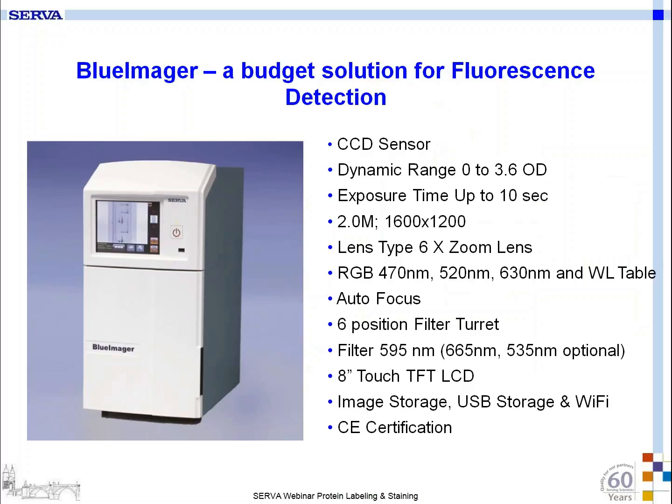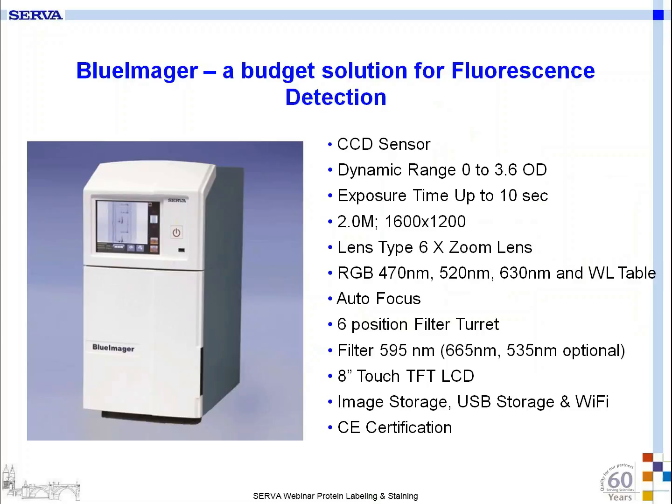It looks like that, and it has a CCD camera inside with up to 3.6 MP. You can set up your exposure time in 2 Mbit pictures. It is equipped with an RGB table and a white light table.